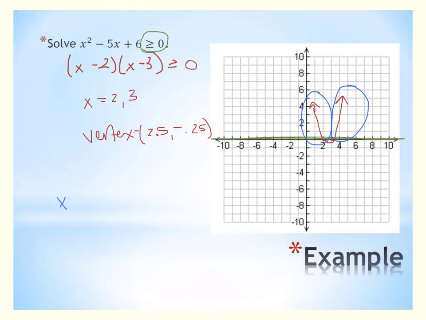So when x is less than or equal to 2, or when x is greater than or equal to 3. And I found those using these intercepts here. So for all these x's that are less than 2, it's going to be above 0. And for all these x's where x is greater than 3, our graph is going to be above 0.